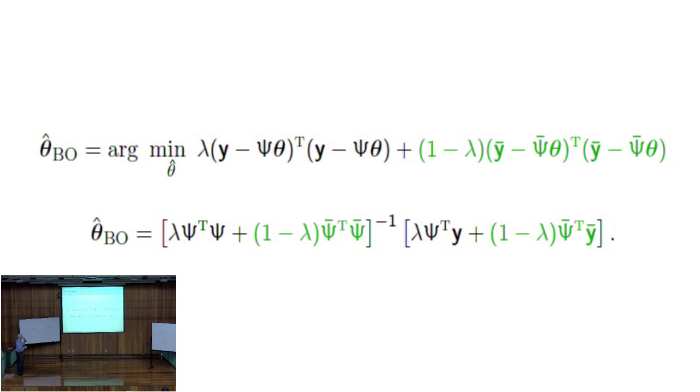This is the one step ahead prediction. Here you have 1 minus lambda, and this is the quadratic cost function involving the steady state data, which is y bar. And this is the model steady state output. So we're just comparing these things, squaring them, and that's the composite cost function.